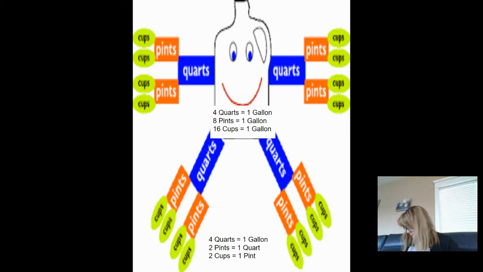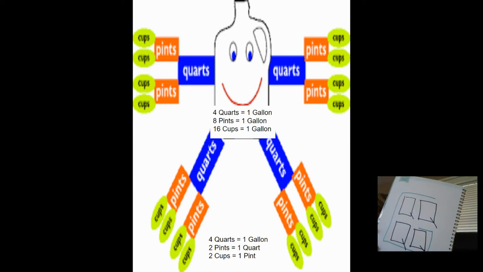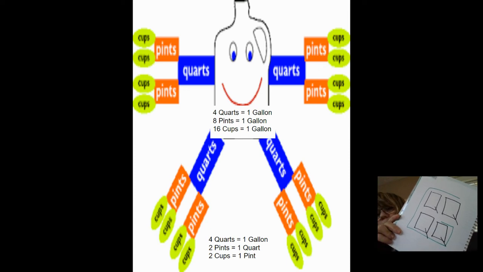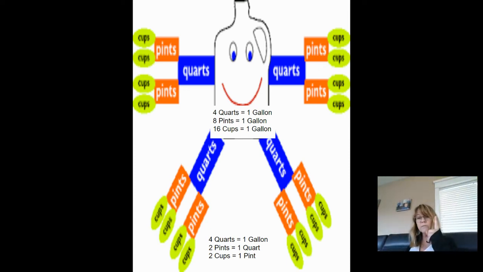So I'm going to put that quart and represent it with a Q for quart in my giant G. And on our gallon guy that you're looking at right now, the quart is the blue. Okay? So now I have a giant G and 4 Qs. So we know that 4 Qs makes one giant G.